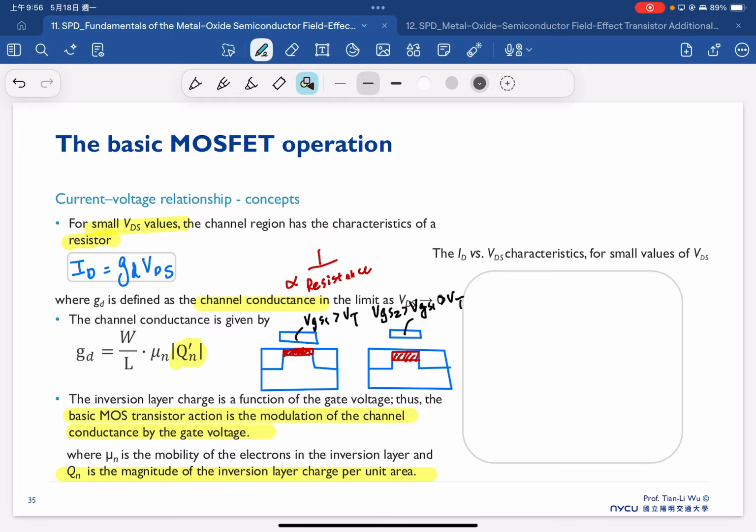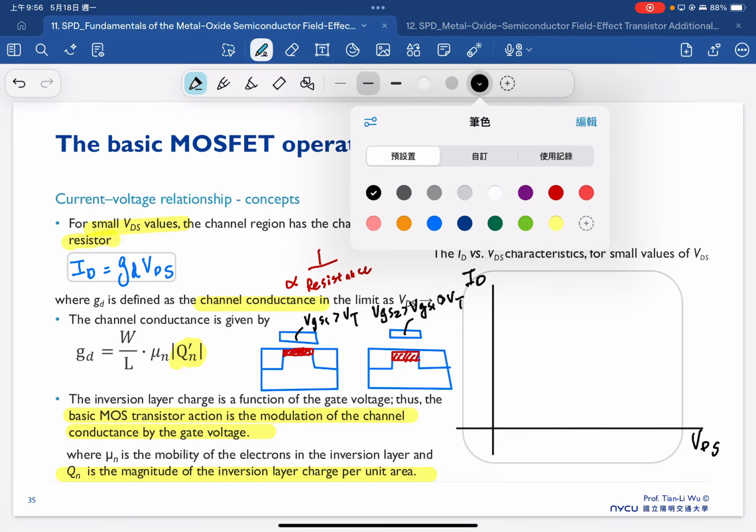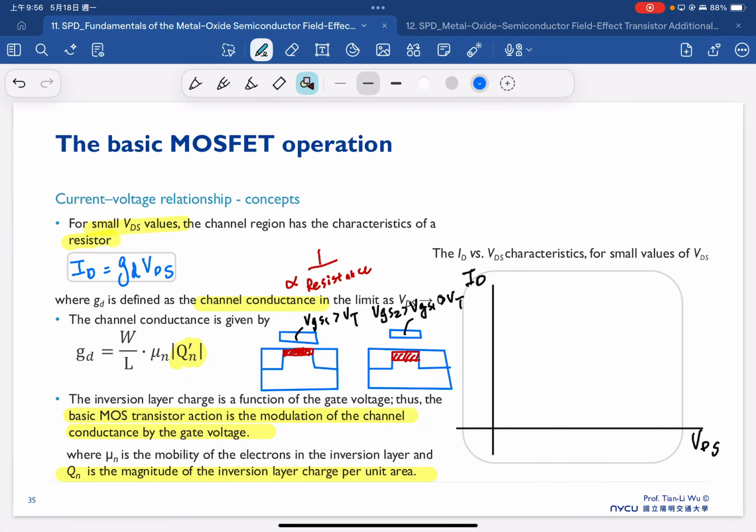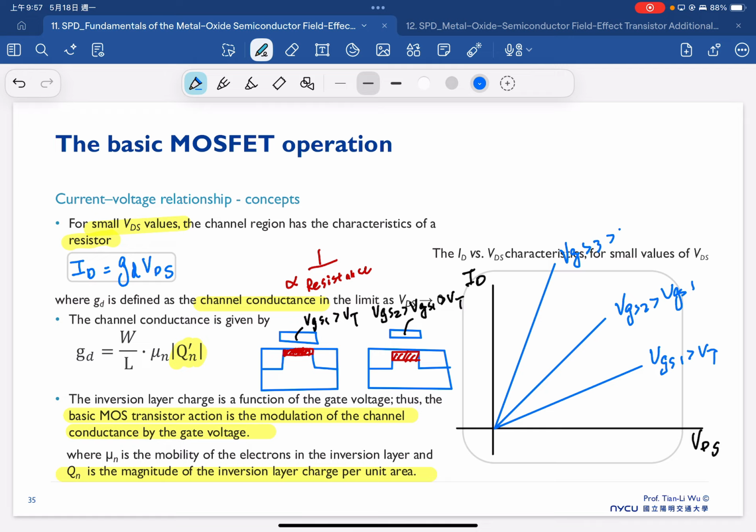With this consideration, if you plot ID versus VDS, we should have this correlation where the first curve is VGS1 larger than VT, and if we continue to increase our gate bias, we will see this kind of trend, where this is VGS2 larger than VGS1, and this is VGS3 larger than VGS2.